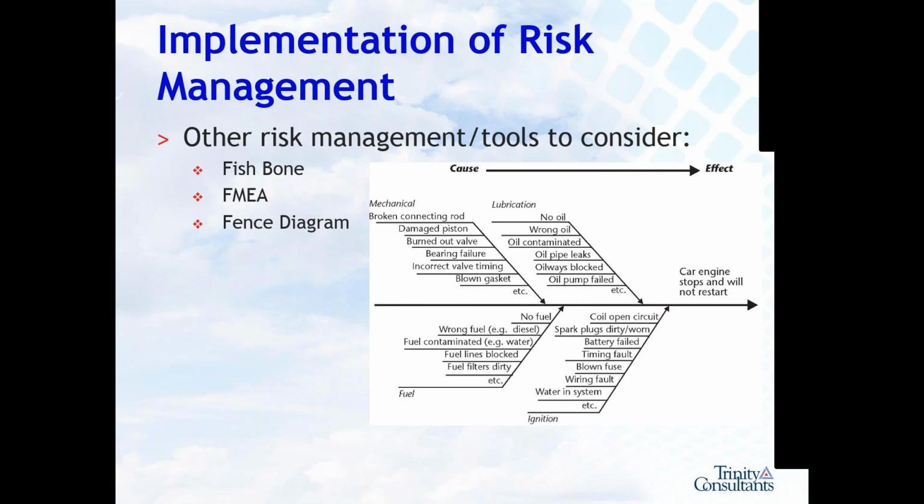Some of the other tools that we at Trinity have helped implement with clients in evaluating risk include maybe a fishbone analysis or a failure modes and effect analysis. Maybe it's a fence diagram, something very simple, but again, it helps rank things, and it's a collaborative environment. I had a CEO actually mention to me, risks are not about what we know and what we're managing and the current challenges we have in front of us.